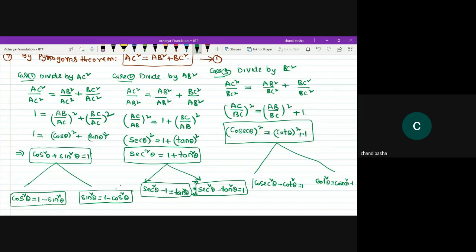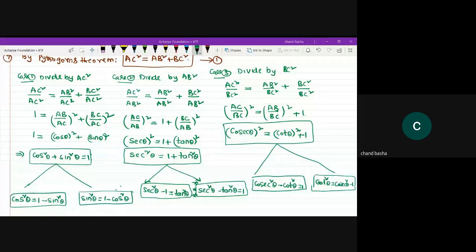Right. These are the total 9 identities I proved, guys. Any doubt regarding these identities? Suppose we have some doubt about sine square theta plus cos square theta, or sine square theta minus cos square theta. Whenever we have the doubt, we can make use of the Pythagoras theorem and try to divide each side square.